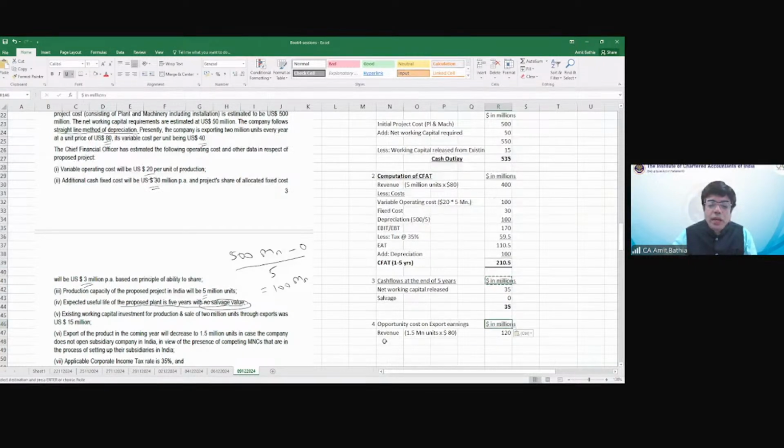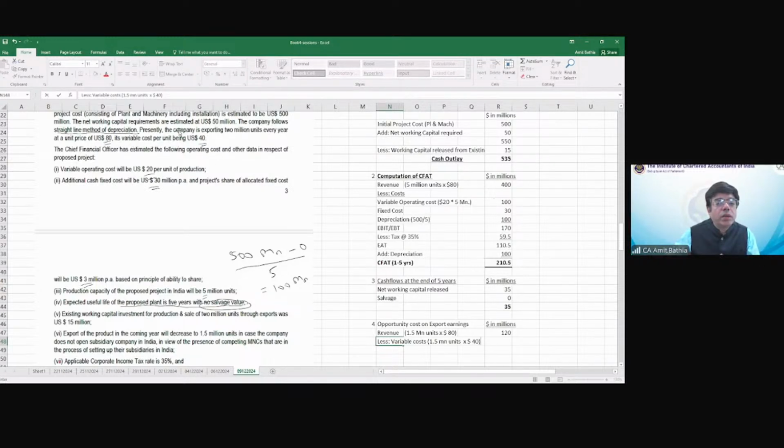Obviously, this entire revenue was not my income. I was making some expenses also, right? So what were my costs? 1.5 million units into $40. Where is it mentioned in the question? You can see over here, it is mentioned over here.